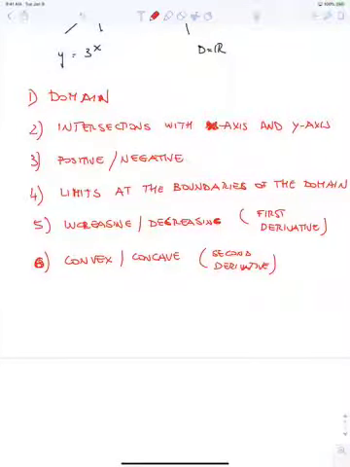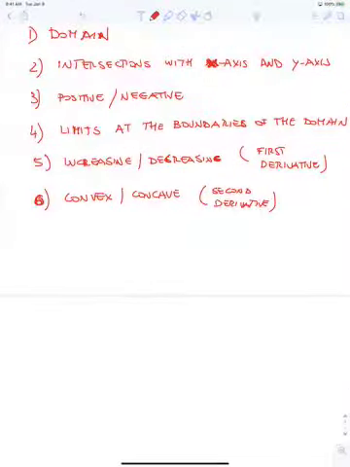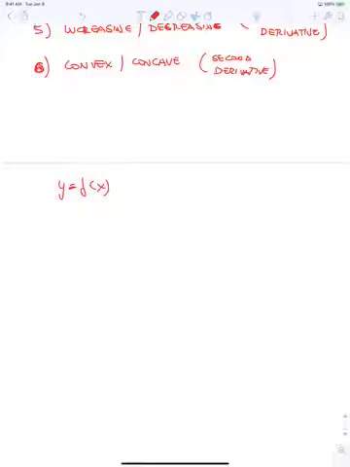Well, for this part, we're going to use equalities and inequalities. So in general, if you have a function y equal f of x, studying the domain means studying the values of x such that f of x is defined.